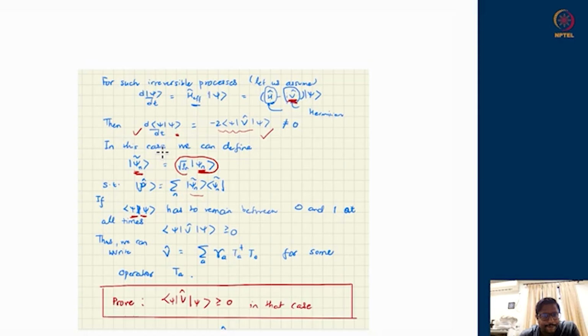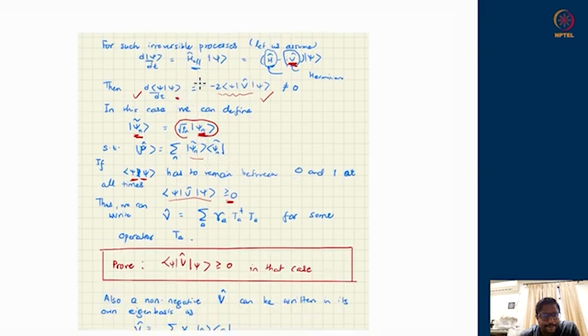That can be ensured if the right hand side, which is appearing as minus 2 times the expectation of V in psi, is such that the expectation of V is positive semi-definite. Then you can show that this object over here, the d/dt of the inner product of psi, only decreases in time, first thing.